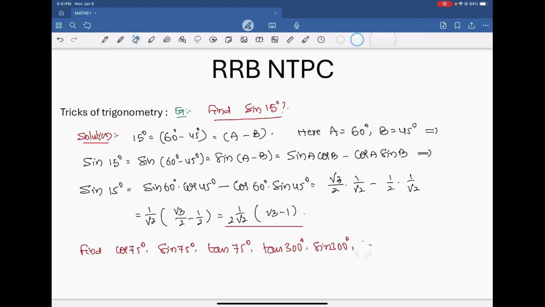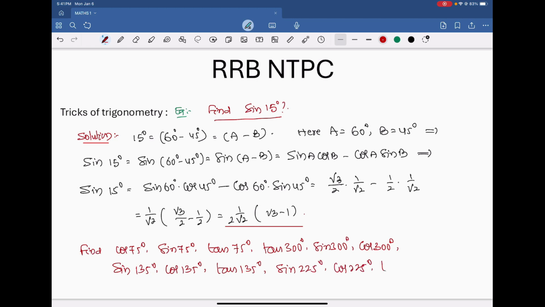Then try to find out sin 135 degrees, cos 135 degrees, tan 135 degrees, sin 225 degrees, cos 225 degrees, and tan 225 degrees.